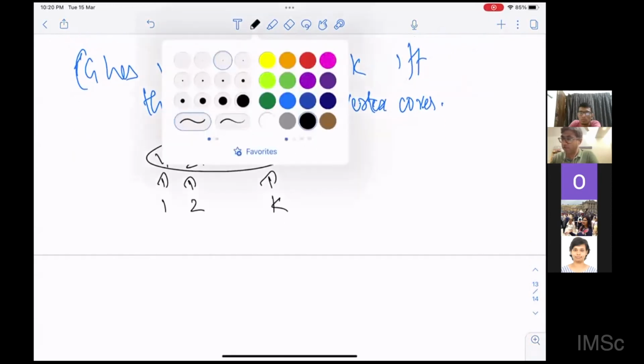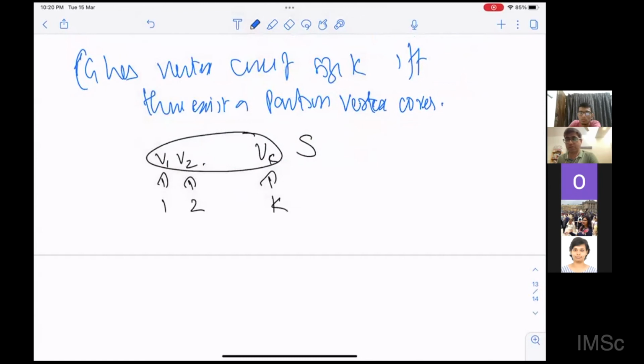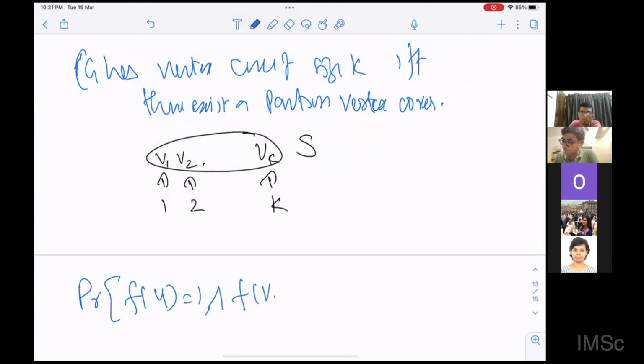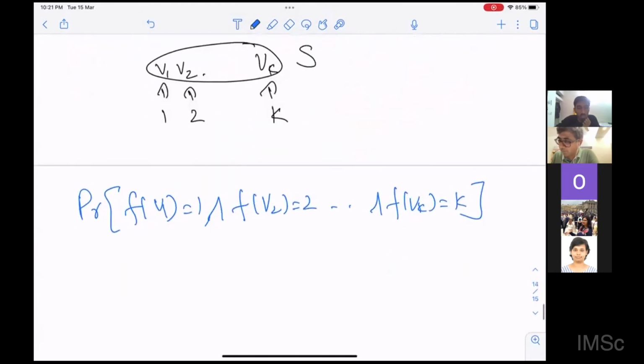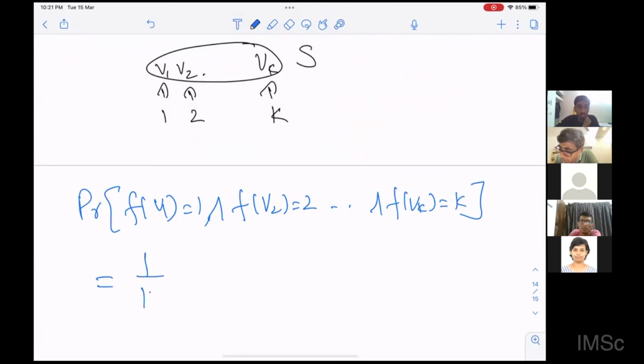Can someone tell me, with this random experiment, what is the probability that f of v1 equals 1 and f of v2 equals 2 ... f of vk equals k? What is the probability of this? Anybody? 1 by k to the power k. 1 over k to the power k, right?